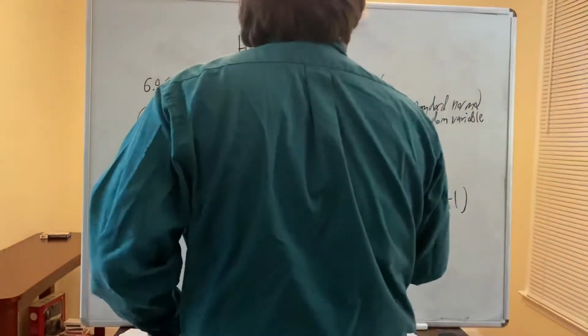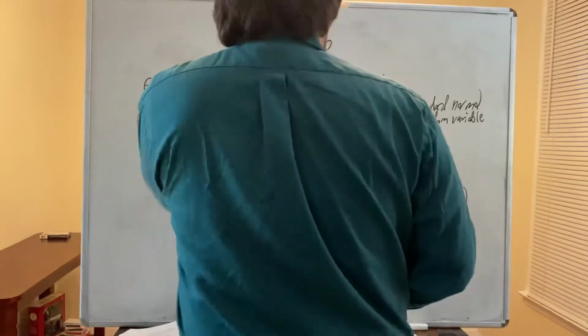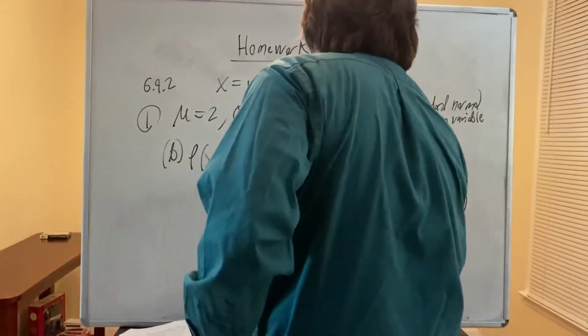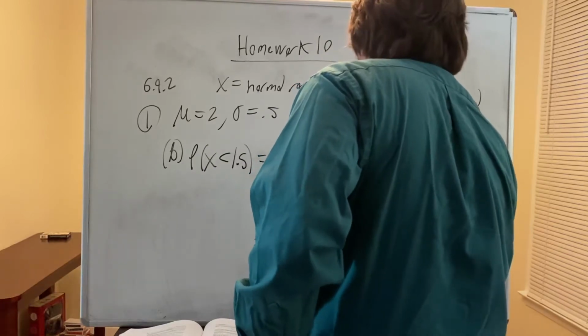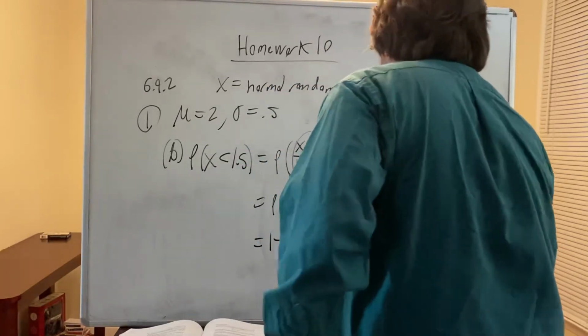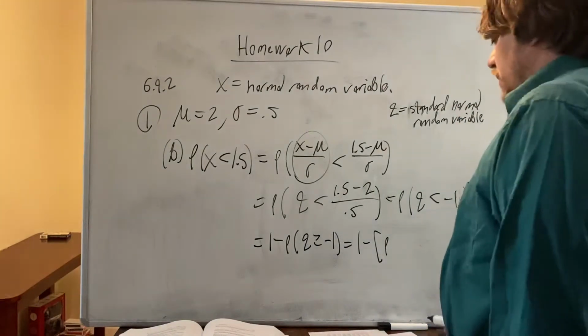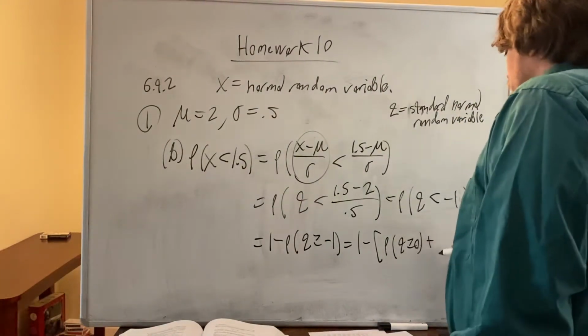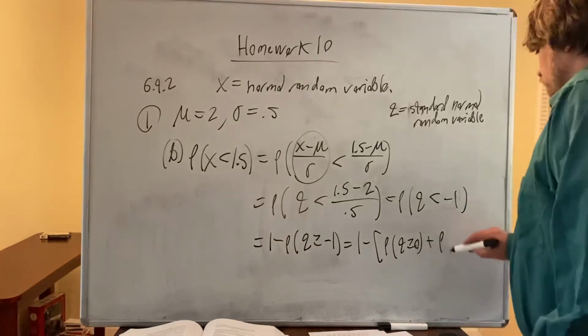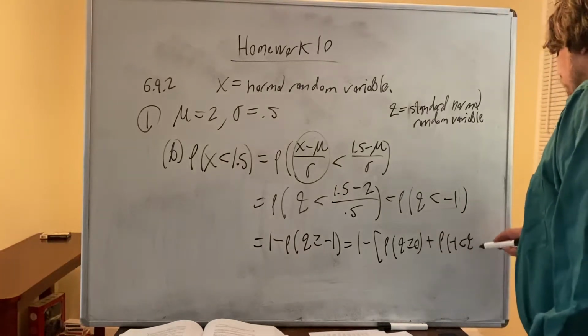That's equal to 1 minus the probability that Z is greater than or equal to negative 1. And that's equal to 1 minus the probability that Z is greater than or equal to 0, plus the probability that negative 1 is less than Z less than 0.